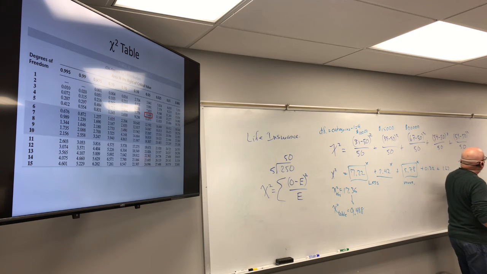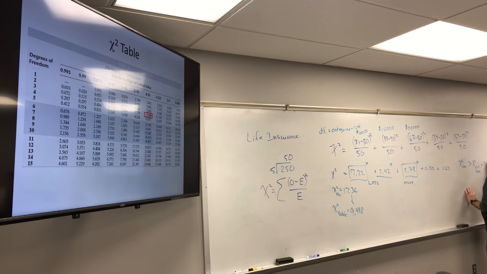If the one that you observe is bigger than the one in the table, not homogeneous. If the chi-square is less than the chi-square in the table, then you would conclude that it is homogeneous.